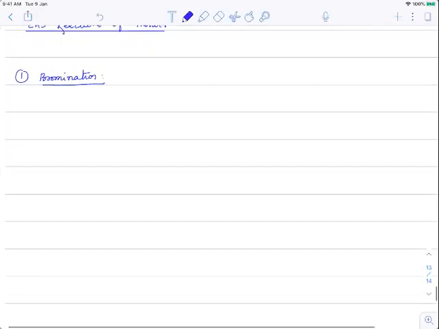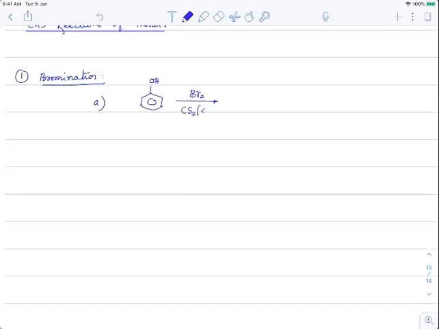So bromination में भी दो तरह के हैं. So we'll start with A kind, in which we take phenol, react that with Br2 in CS2 at less than 5 degrees centigrade.